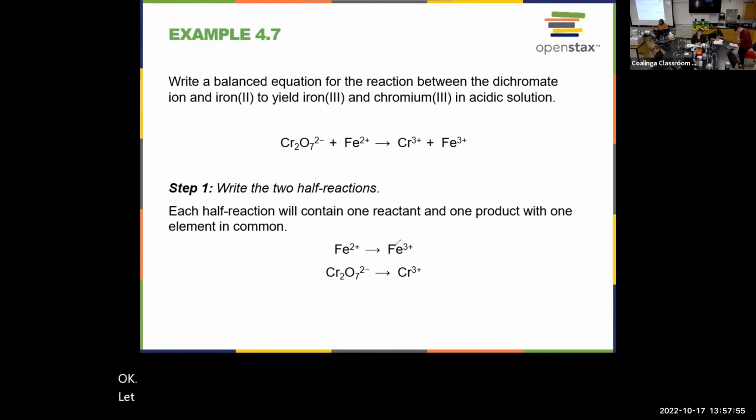Chemical reactions. It's redox reactions.